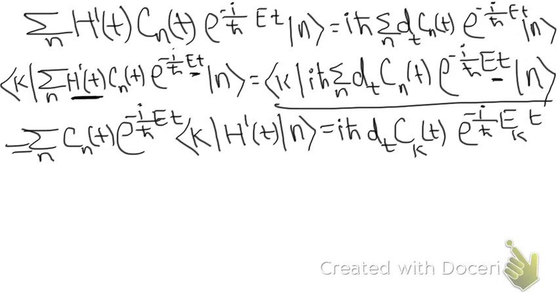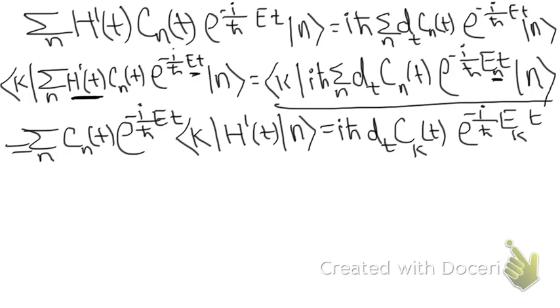Let me just write it properly. Yeah, it was E_n over there, but now using the orthogonality and simplifying this thing, it has become E_k, right? And so c_n of t has become c_k of t, right? Because of the projection, right?